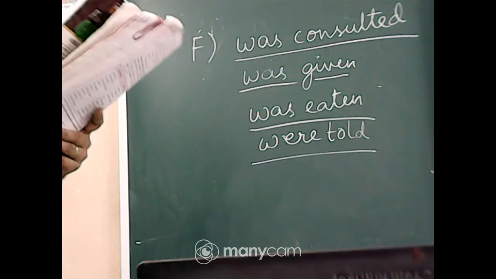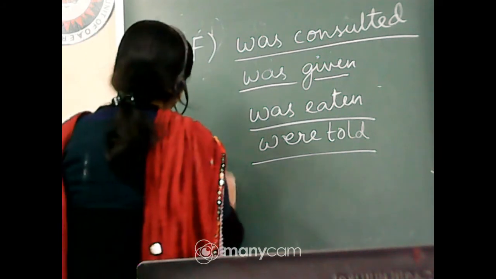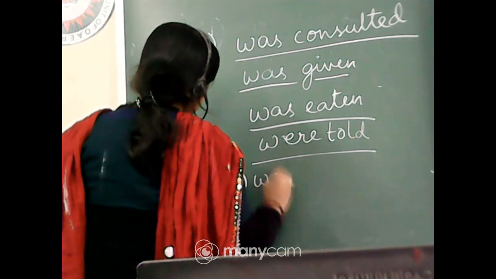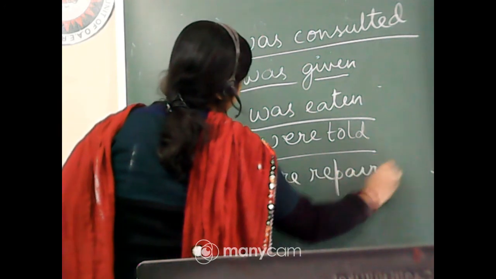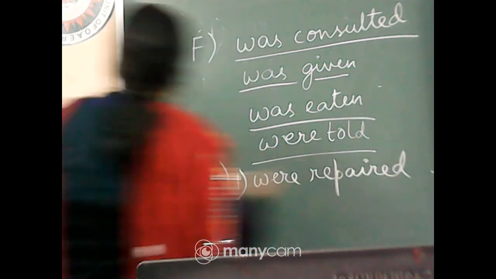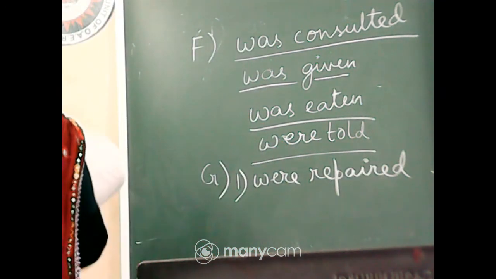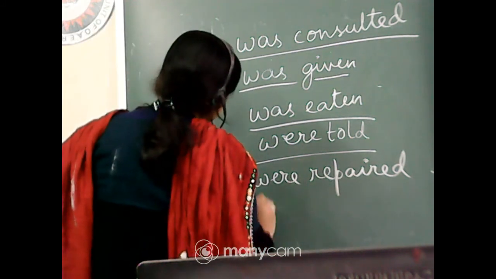Number G, fill in the blanks with the passive forms in the simple past tense. The same kind of thing. The huts were repaired. Number 2, the scholars were awarded.